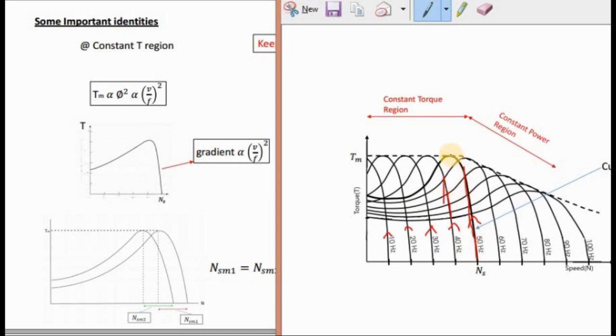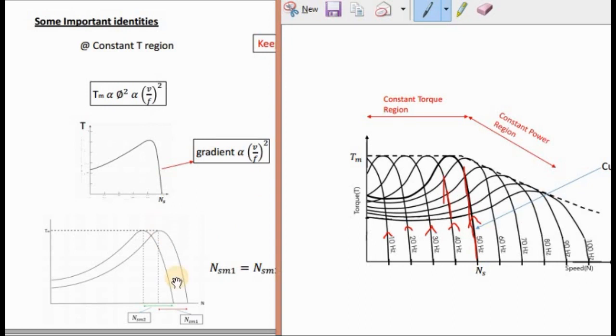If you take the voltage at this point as 400, so 400 by 50, there you can see 40, the voltage may be 320 or whatever, and that one divided by this frequency, 320 divided by 40, the gradient squared, the gradient should be the same.